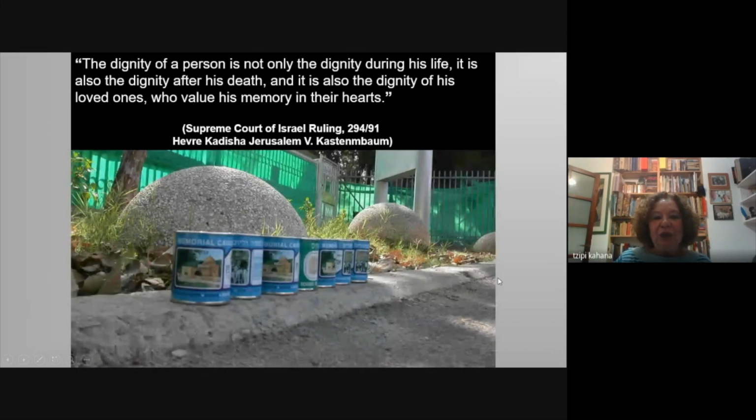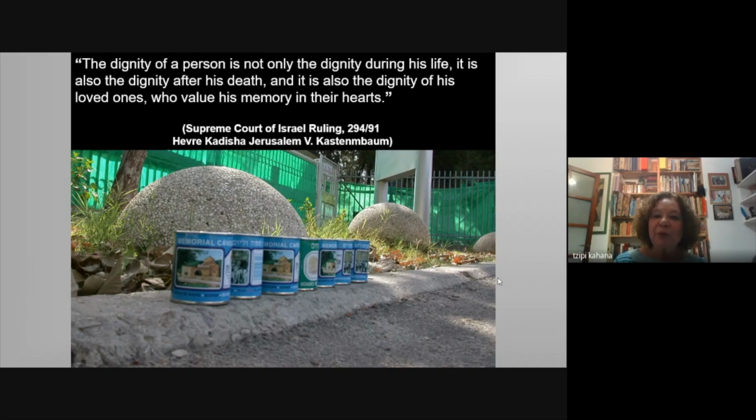I want to finish with the importance of identification, not only dental, but in general. This is a very old ruling from 1991, but for 25 years it has been my motto when working in identifying victims. It was a ruling from the Supreme Court of Israel, and it says that the dignity of a person doesn't end when the person dies.